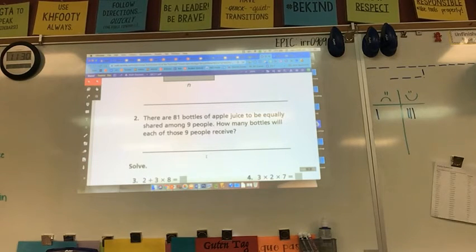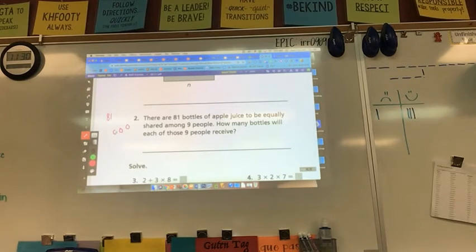There are 81 bottles of apple juice to be equally shared among 9 people. Goodness, this is a word problem, so a smart mathematician is going to be drawing this out. If I have 81 total bottles of apple juice, and I'm sharing them among 9 people, I might have 9 groups. Or maybe I'm thinking this in my brain, and I have aced all of my word problems for a while, and I don't need to draw them out.